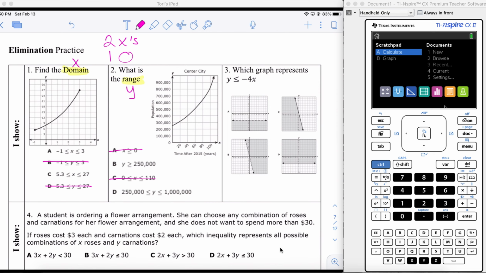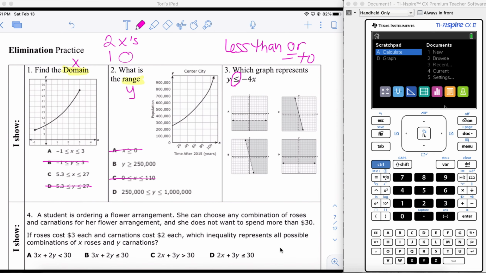All right, second one is which graph is represented by this equation. Now, two of the lines are going the same direction and the other two are going the same direction. We could absolutely use the calculator to figure out what negative 4x looks like, but even without that, if you remember how to read that sign, if I tell you it's less than, because it looks like an L, or equal to, you could eliminate two answer choices just by knowing if it's above or below, or if you remembered the solid or dash.